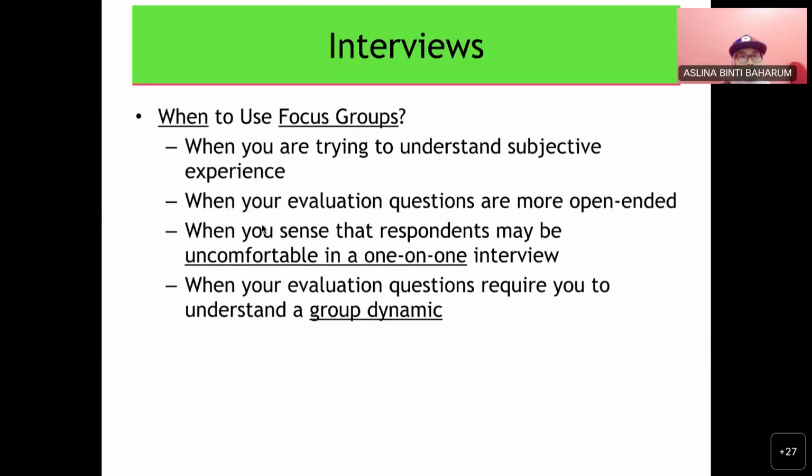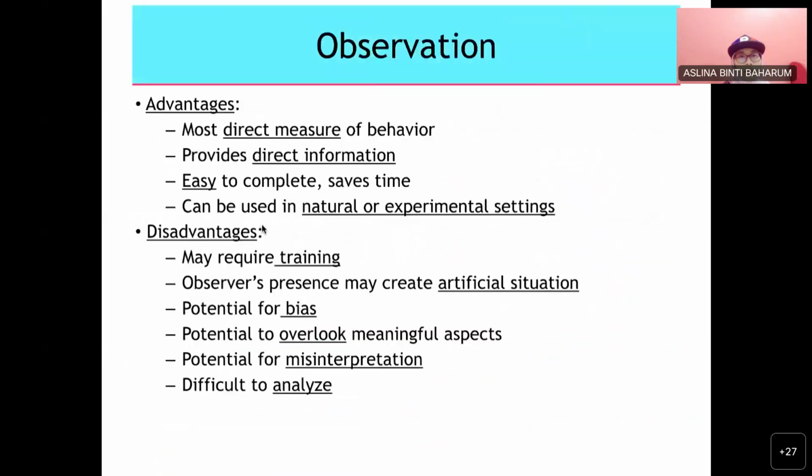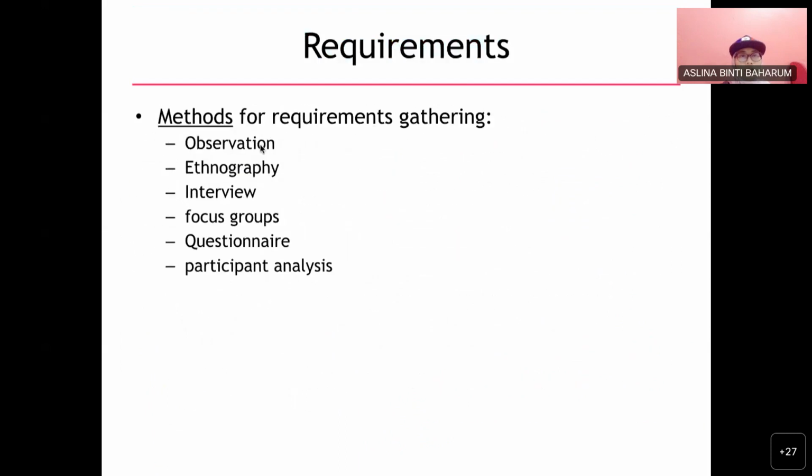We have 6 or 7 methods. Okay, this one. 1, 2, 3, 4, 5, 6. And 6 methods, right? So task analysis is this one, participant analysis. Okay, they should have put task analysis, so people don't get confused. I don't know why they changed it to participant analysis. So it is better actually to put task analysis here.